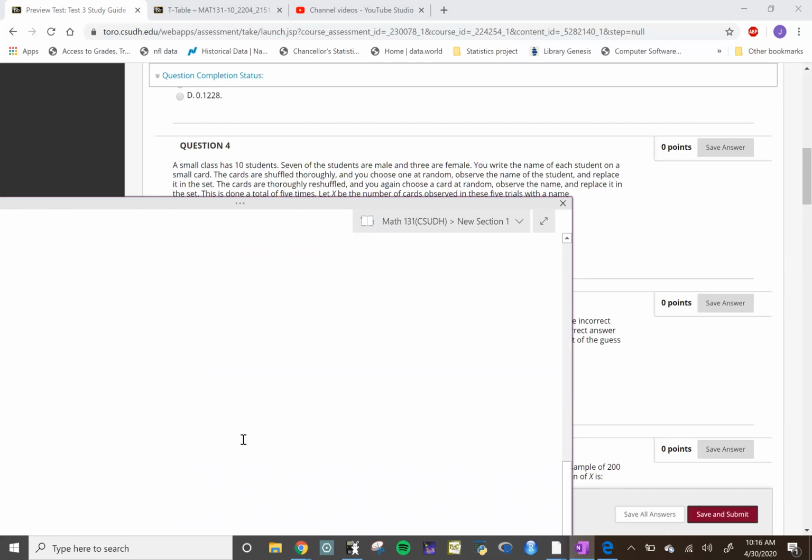So let's do a new one. For this one, they tell me how many times they're going to do this, how many times they are going to reshuffle the cards. If you actually read the problem, they told me they're going to do this 5 times. So n is equal to 5.